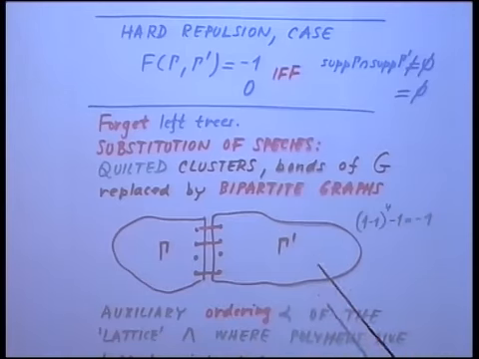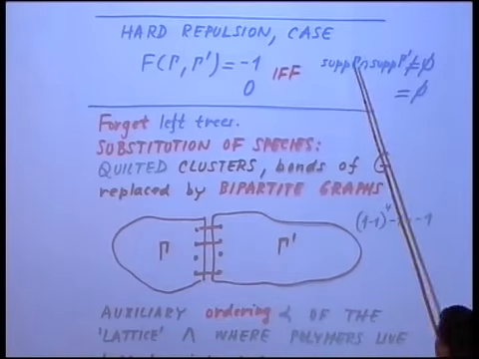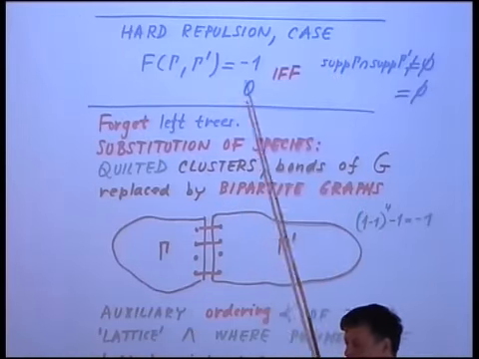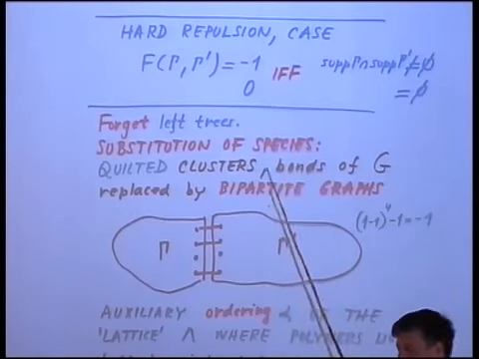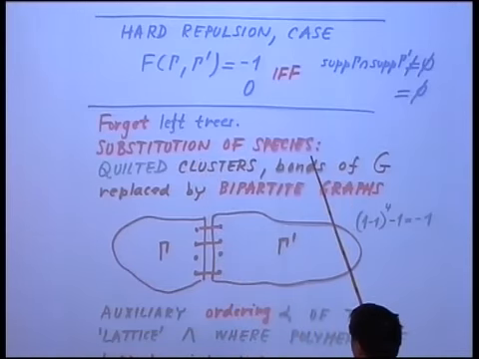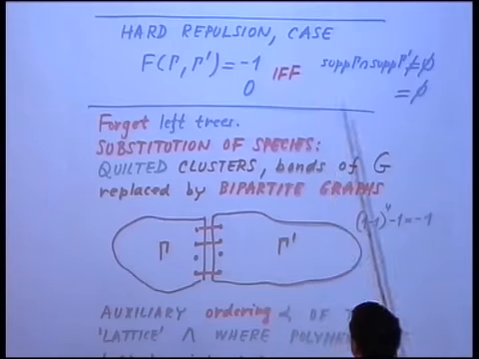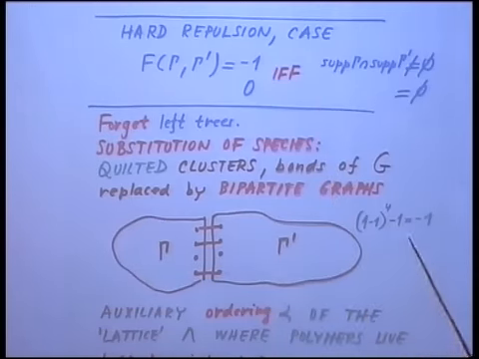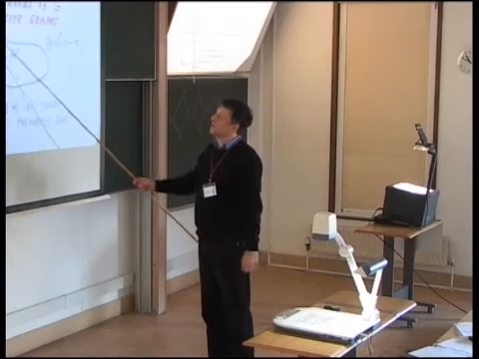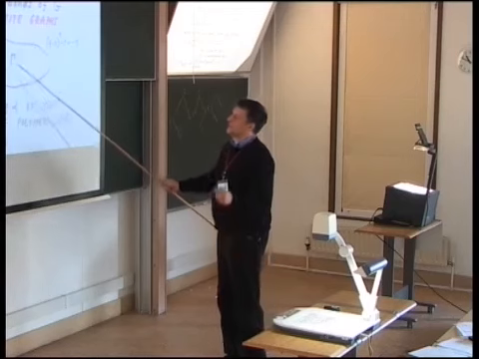So what I will do, I will present a method totally different from this. Forget left trees. Now I will describe the totally different method of resummation, which will be for the hard repulsion case and for a special situation where compatibility of polymers is defined in terms of intersection.